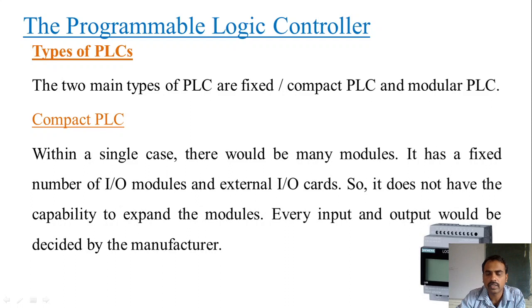Everything will be embedded here, and this compact PLC will not have the capability to expand the modules. If you want to expand an input or output module, it is not possible in a compact PLC. Everything, input and output, will be decided by the manufacturer. Whatever inputs or outputs are given by the manufacturer, we have to manage with those only.